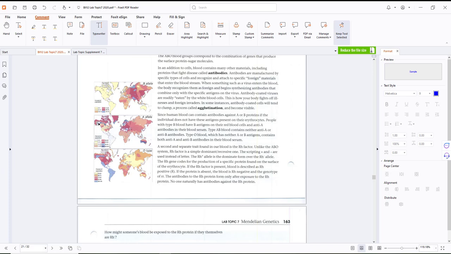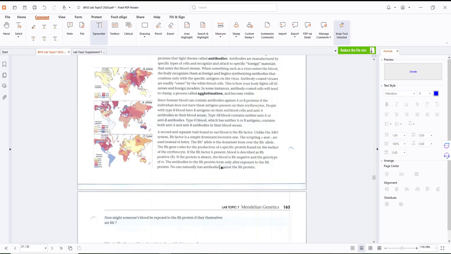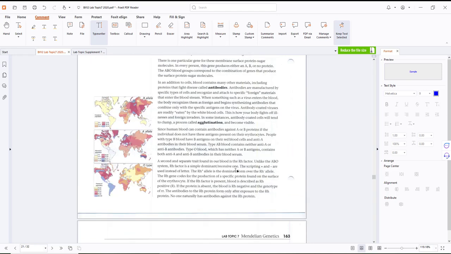Africa is pretty well represented for both. As far as everywhere else, it's pretty well spread throughout. So there's no really dominant allele anywhere. We're pretty well spread out everywhere. So you can read the information about what the RH factor is and so forth.